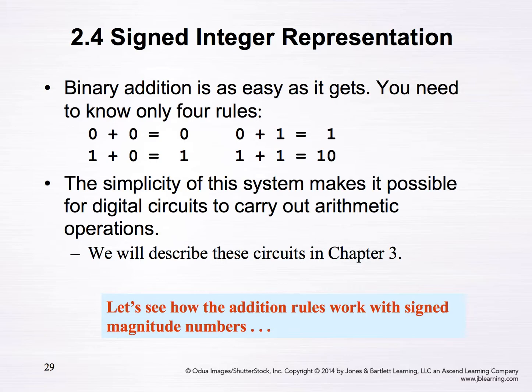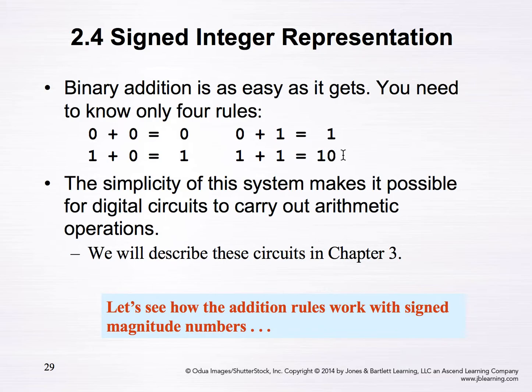In order to do the calculation, we will first learn some basic rules of binary addition. Here are the four simple rules. In binary addition, 0 plus 0 equals 0, 1 plus 0 equals 1, 0 plus 1 equals 1, and 1 plus 1 equals 1 0.